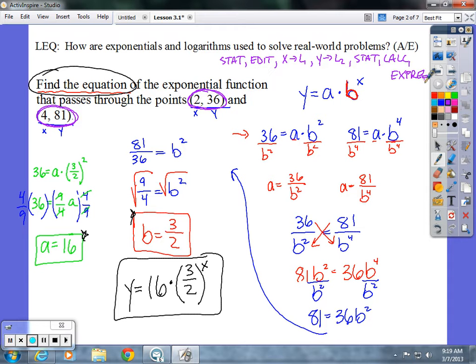And that would be your steps here to do this on the calculator. On a test, I would strongly urge you to do that. It is the most accurate way, and it saves you some time from doing all the work.